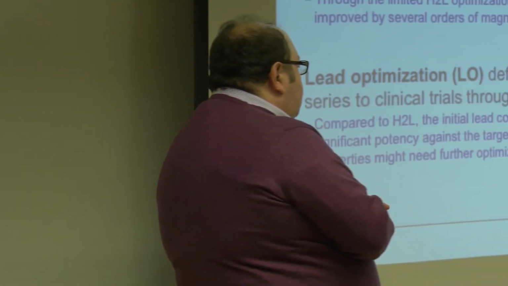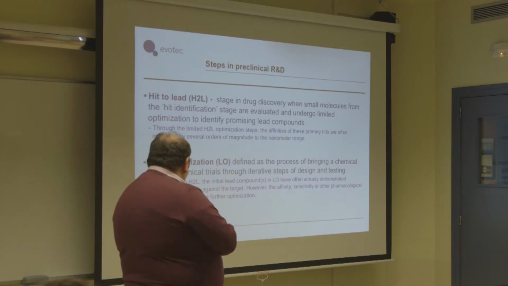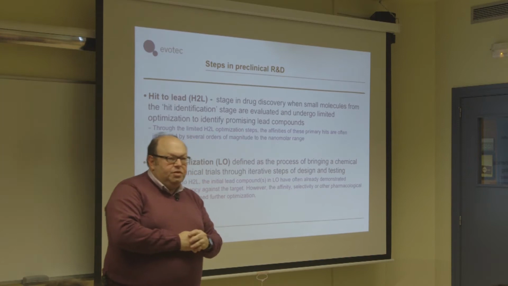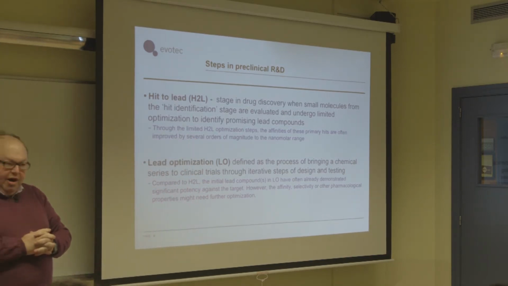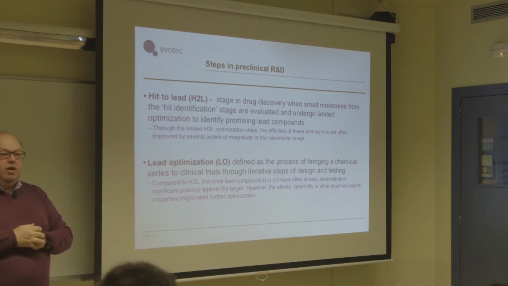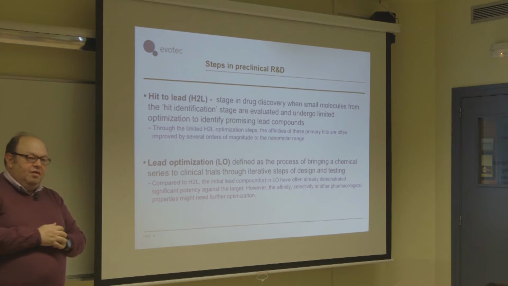And in lead optimization, if we compare to hit to lead, we are already trying to start with something good that has significant potency to the target. However, there are other pharmacological properties that need further optimization. So the fact that we have a key that rotates well and turns on our car is not enough.